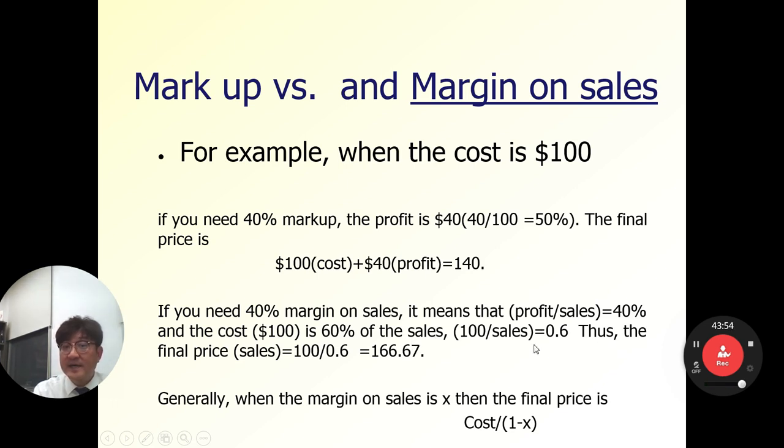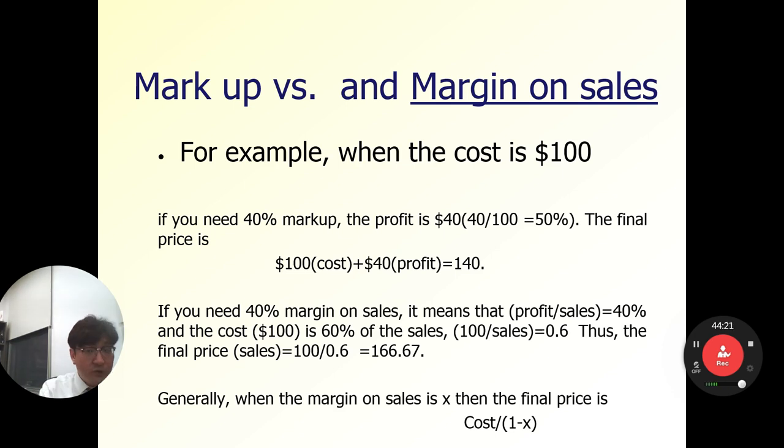So 100 divided by sales is going to be 0.6, 60%. Cost is going to be 100, thus the final price is going to be 100 divided by 0.6, which is 166.67. That is the final price.